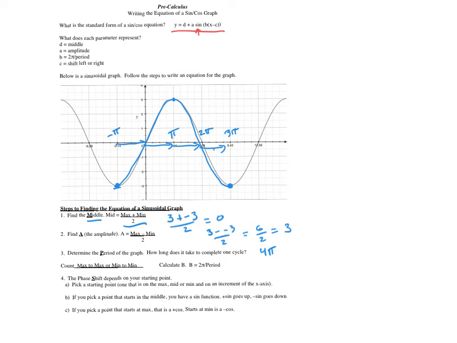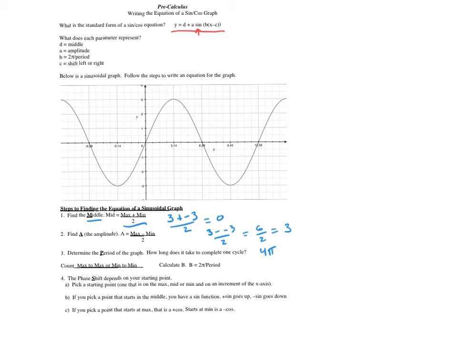Now, as far as the phase shift, it depends on where you want to start the graph, whether it's sine or cosine. In this case, we can actually do several different graphs and say that there are several different shifts. When you're doing these problems on your assignments, just pick the easiest one possible. Some of them will have shifts and some of them won't. If possible, I would pick a starting point so that there's no shift.